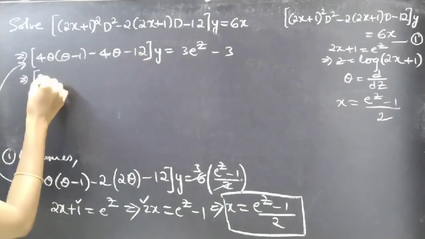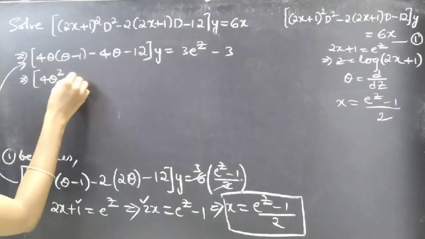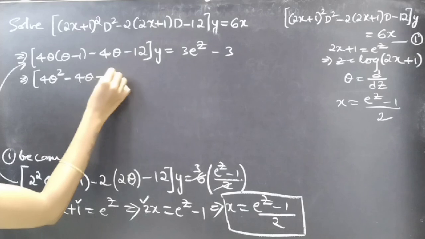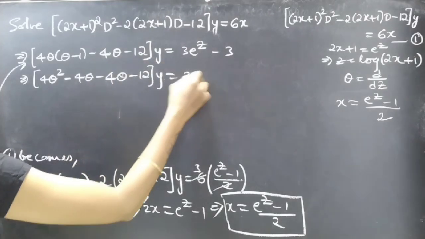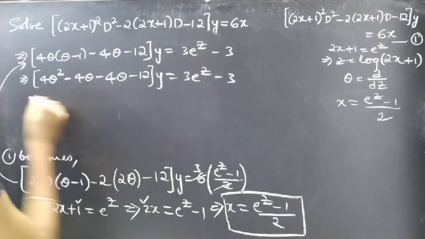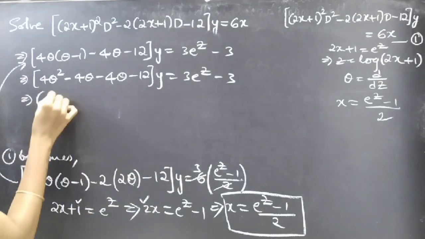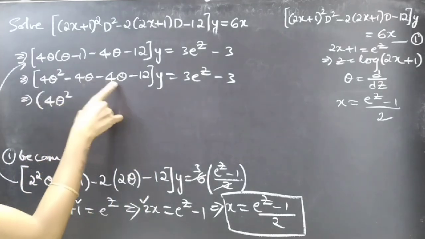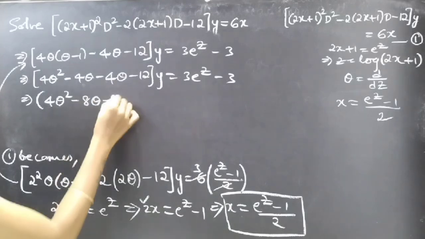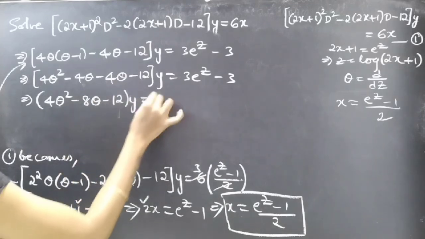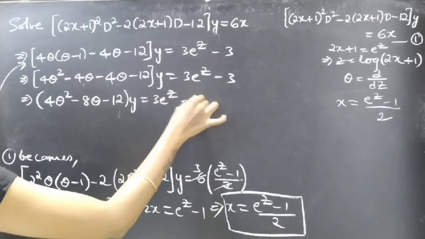Now let's simplify this. We'll get 4 theta square minus 4 theta minus 4 theta minus 12 into y equal to 3 e power z minus 3, or 4 theta square minus 4 theta gives minus 8 theta, minus 12 into y equal to 3 e power z minus 3, right?